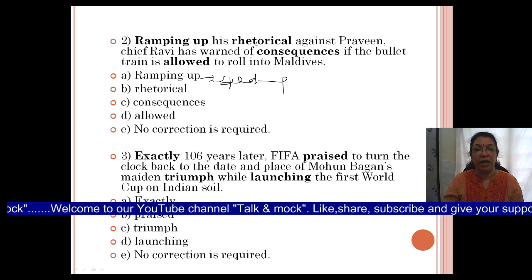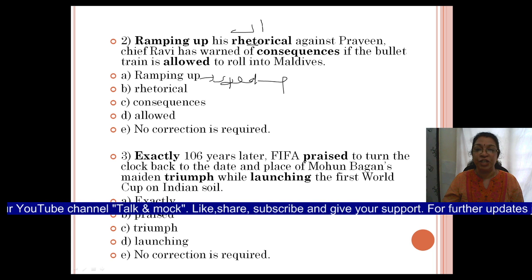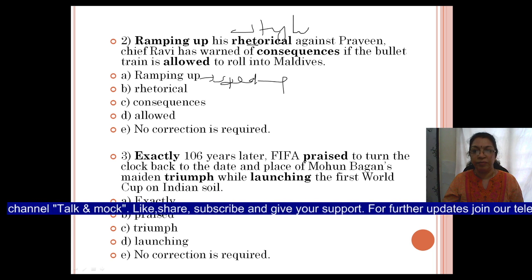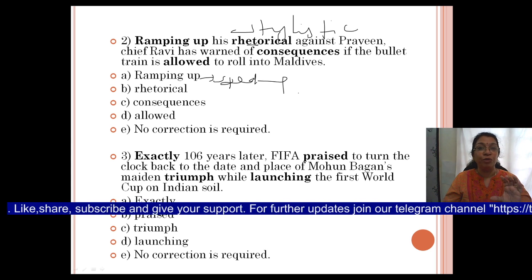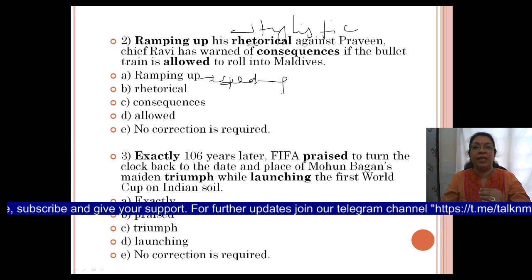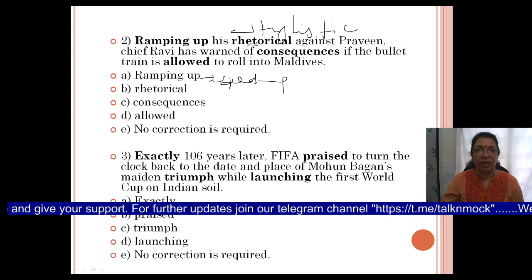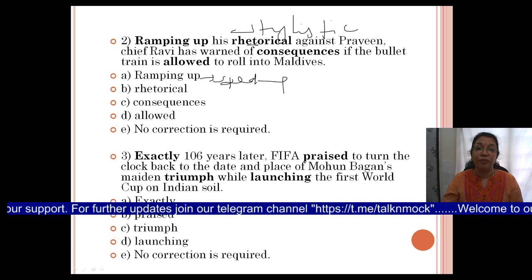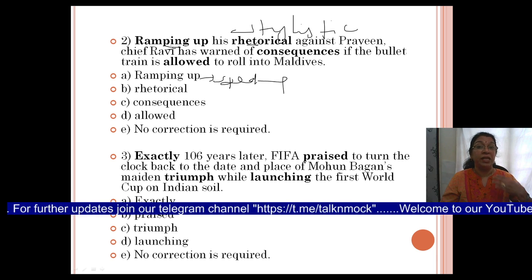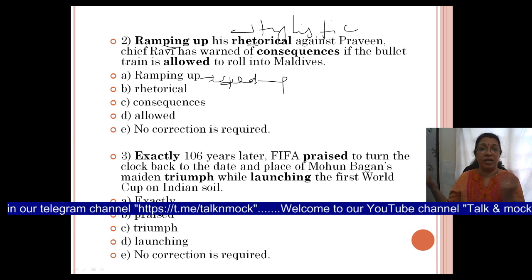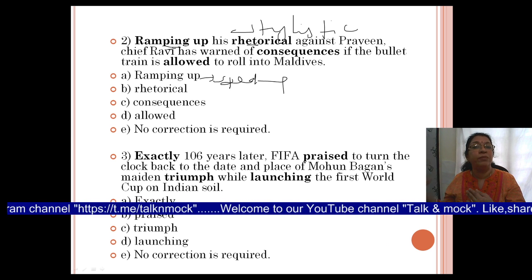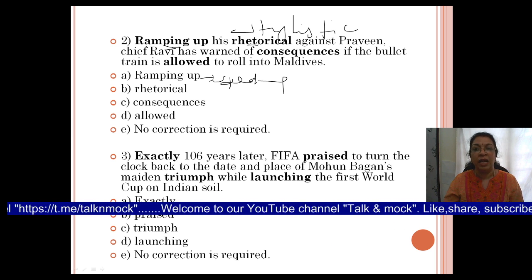The word rhetorical means stylish, stylistic. Only authors and poets will use stylistic. So let us see whether this word suits there. Because for me, ramping up means hastening, speeding up, stylistic actually doesn't match. Anyway, I'm just reading the full sentence.